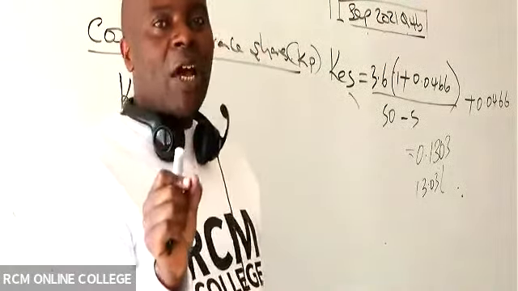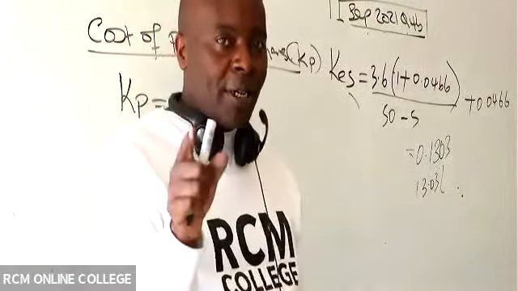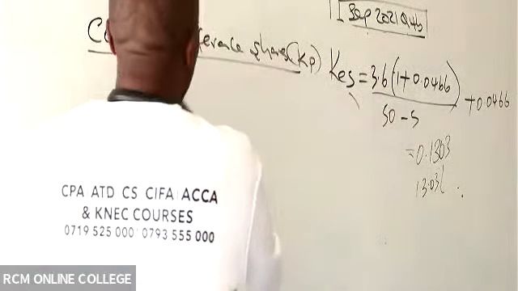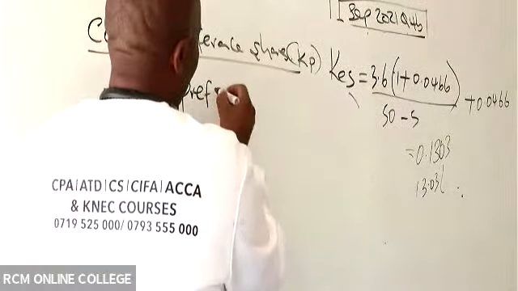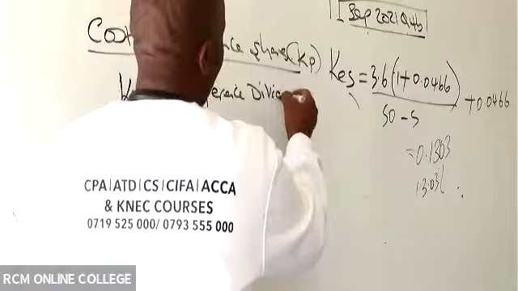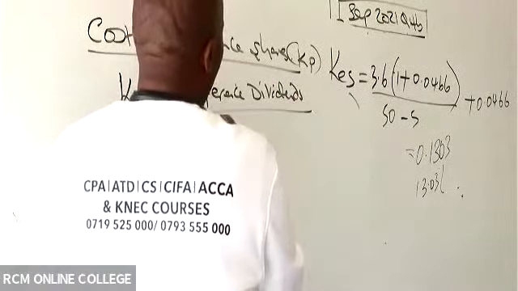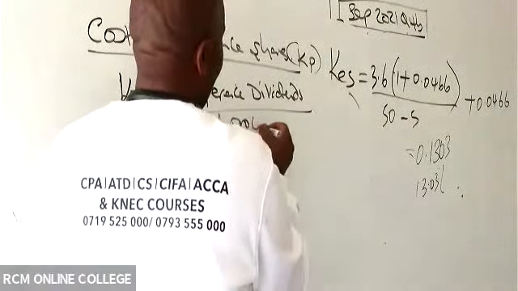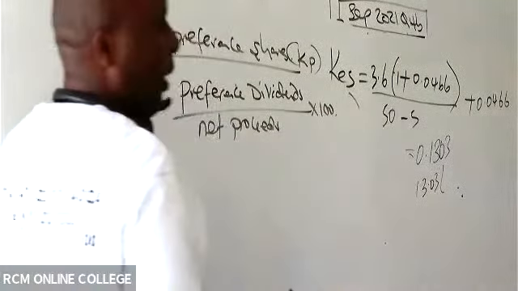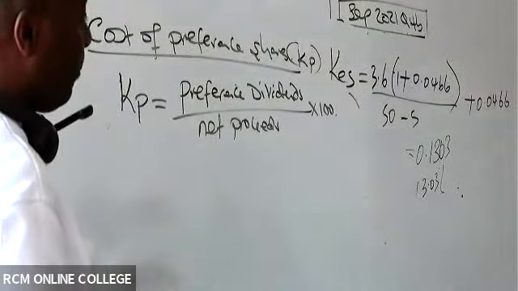Preference dividends normally come with a fixed rate of return. So then I will be able to say here, KP is preference dividend over net proceeds times 100.